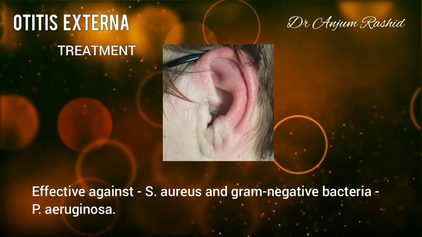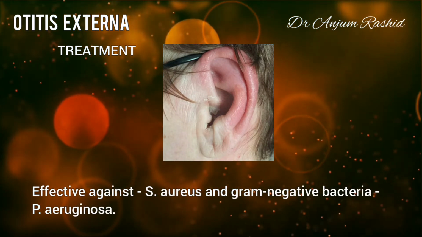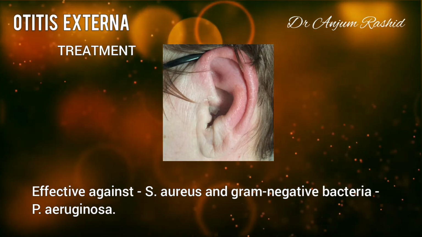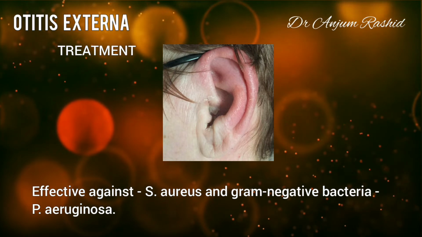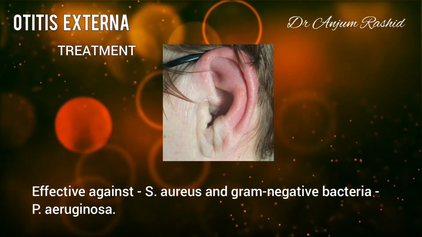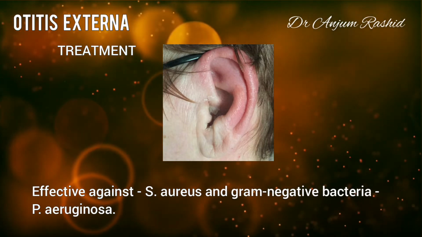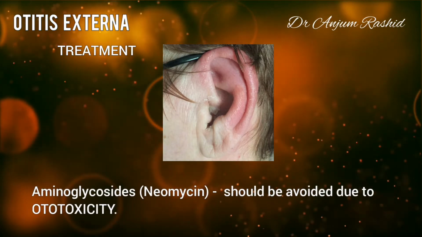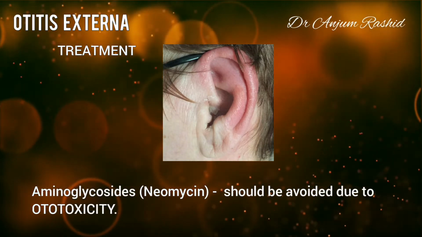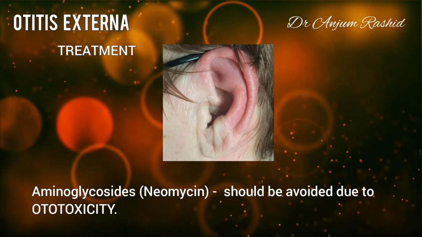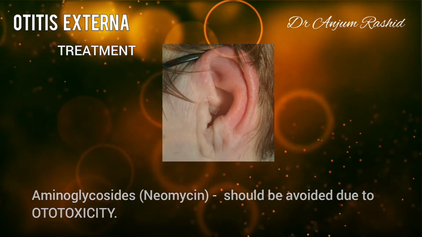Now these preparations are equally effective and are active against Staphylococcus aureus and most gram-negative bacteria including Pseudomonas aeruginosa. But none of these antibiotics has any antifungal activity. Use of aminoglycosides such as neomycin should be avoided in cases of tympanic membrane rupture due to their ototoxicity.